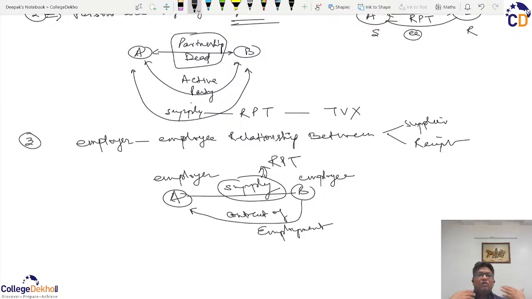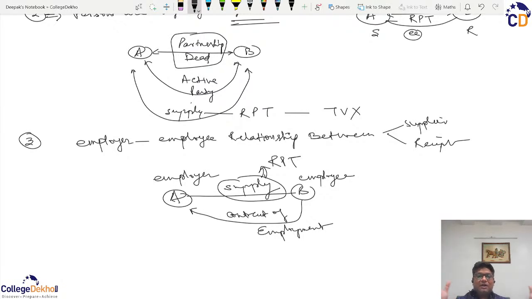And this whole funda of RPT comes into play: if the two parties are somehow related in any of the manners that we are going to discuss, for example the three cases we have discussed, then the value of the supply, that is the price at which they are transferring goods or services, may be affected by their personal relationship, which will adversely affect the amount of GST to be collected by the government. So in these related party transactions, the government tries to match the price as per the arm's length price.